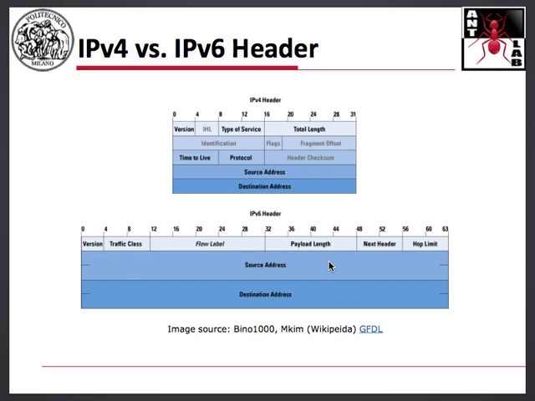I guess that all of you are familiar with this packet here, right? Let's do a quick test. What is the time to live field for in IP version 4?